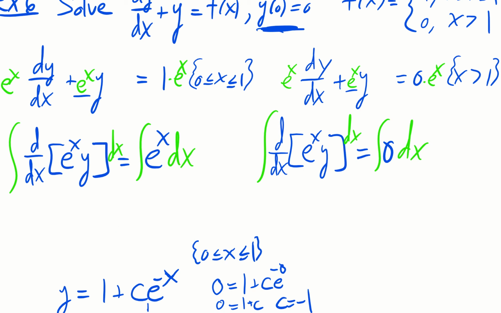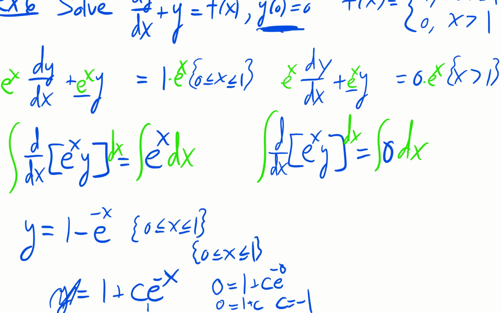So here's what we have. We have y equals 1 minus e to the negative x. And this portion is valid on 0 less than or equal to x less than or equal to 1.